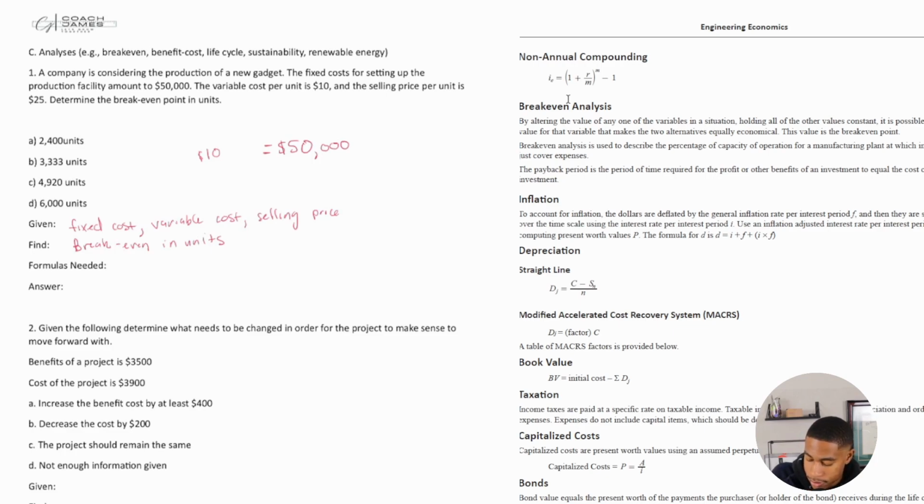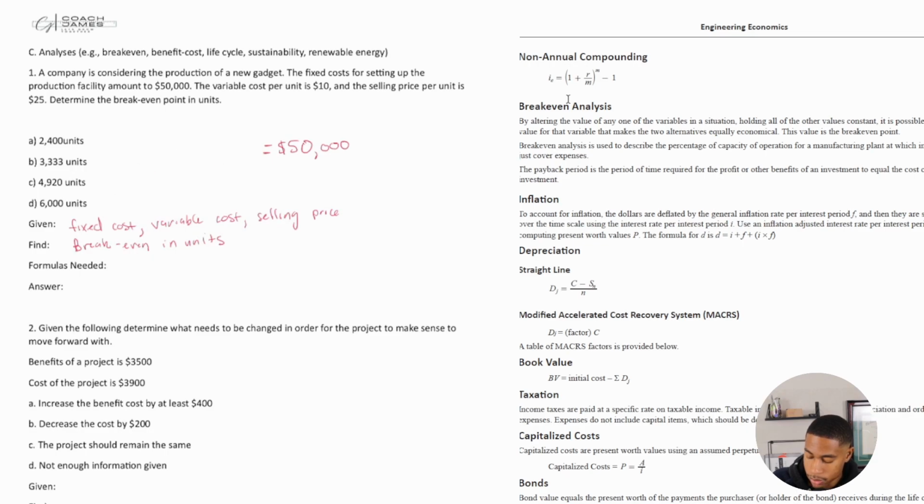And we know that we're selling it for 25. So $25 for the unit minus a variable cost for each unit. The amount of units is in question, so I'll erase this.